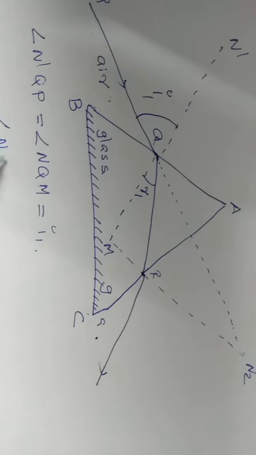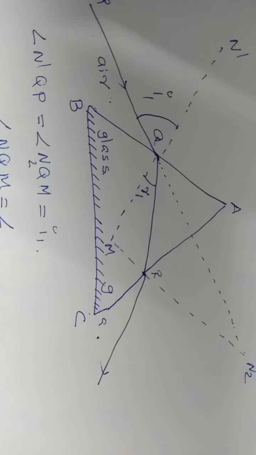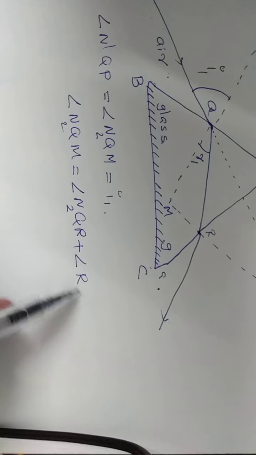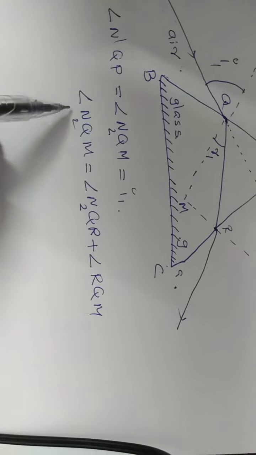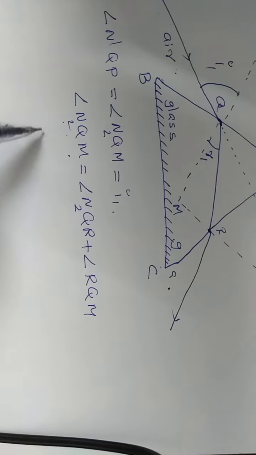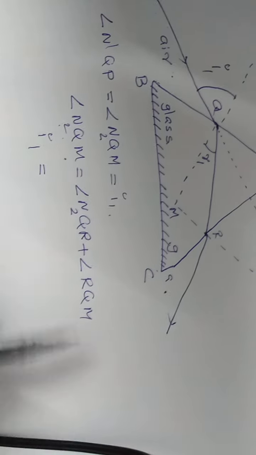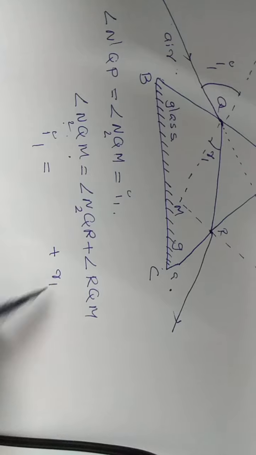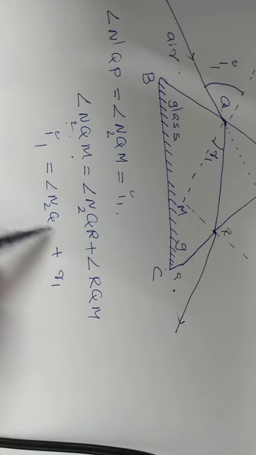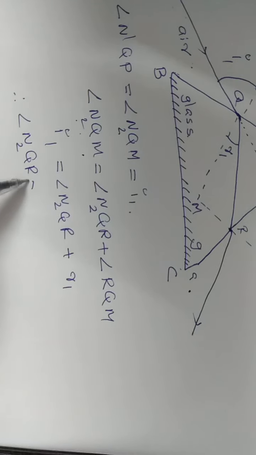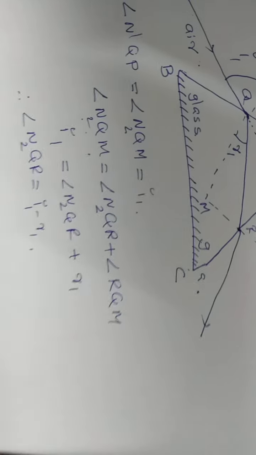But angle NQM is equal to angle N2QR plus angle RQM. Angle NQM is equal to I1. Angle RQM is equal to R1. Therefore angle N2QR is equal to I1 minus R1.